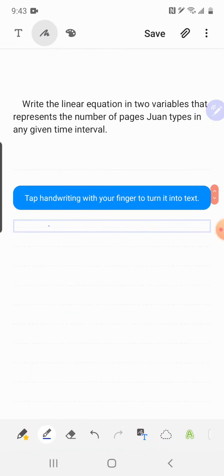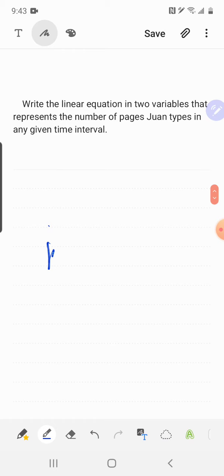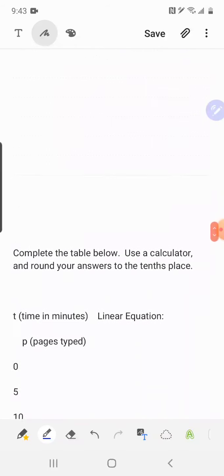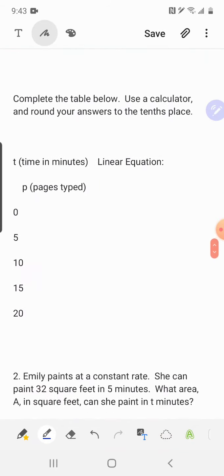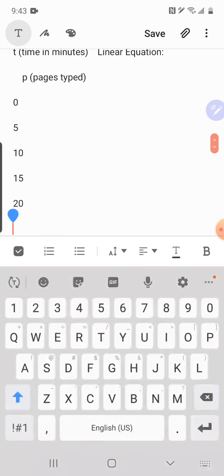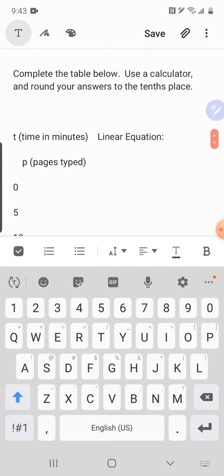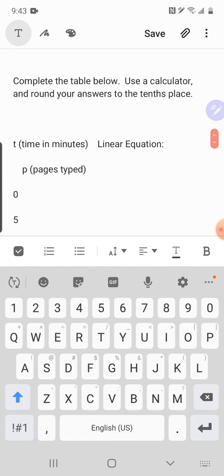So with this, we have said this is the answer: P is equal to 1 divided by 3.5 T. And now it's giving us the time. So it says complete the table below. Use a calculator to round your answers to the nearest tenth.